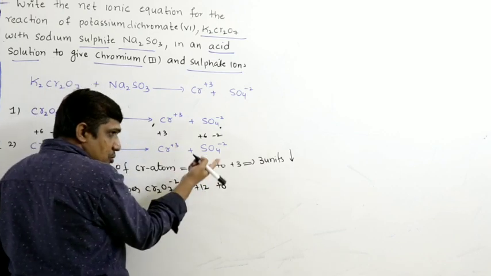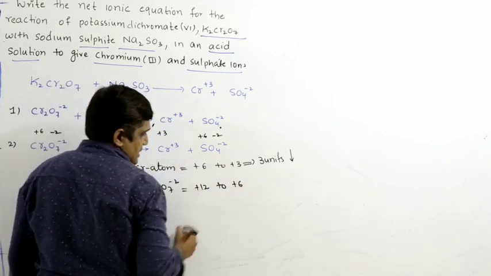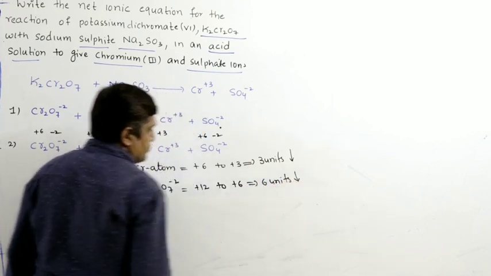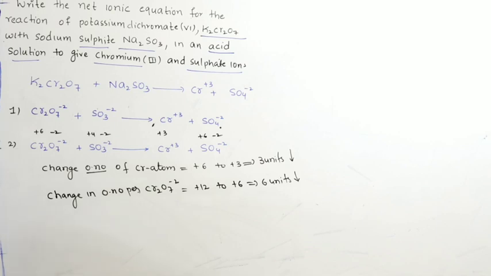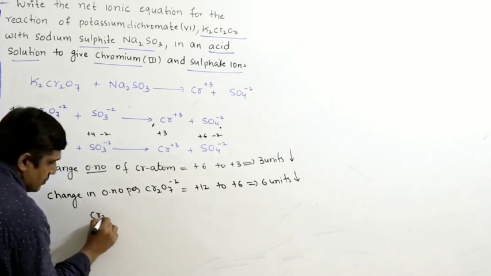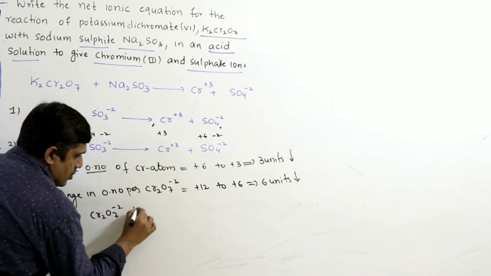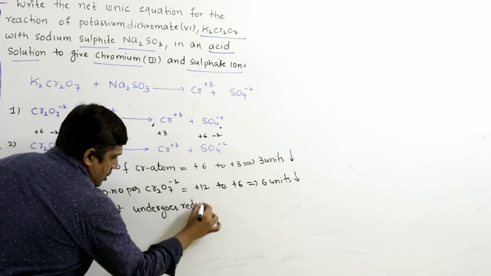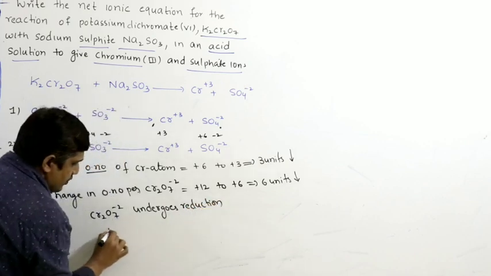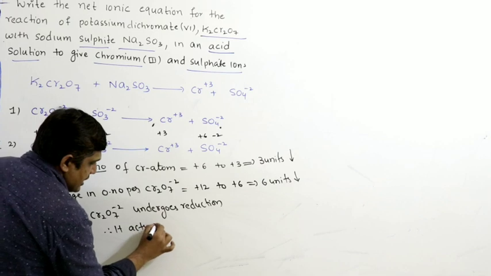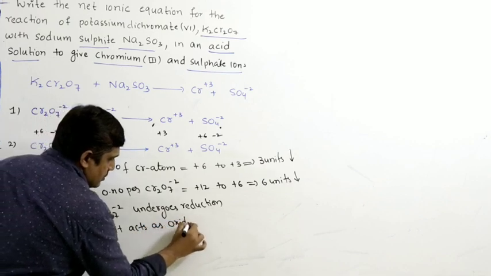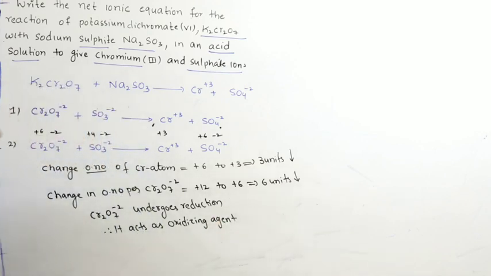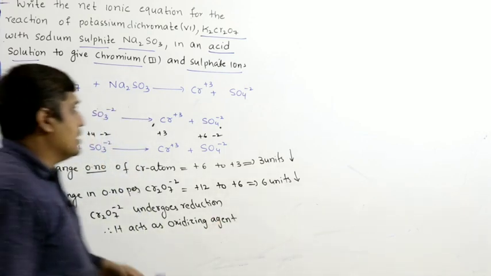They are both reduced to +3, so 2 into 3 is 6. So the total is a 6 units decrease. So dichromate undergoes reduction. Therefore, it acts as an oxidizing agent.